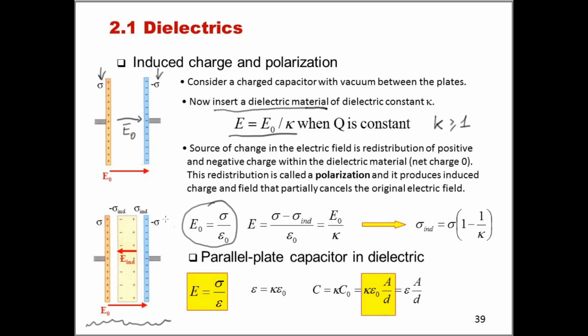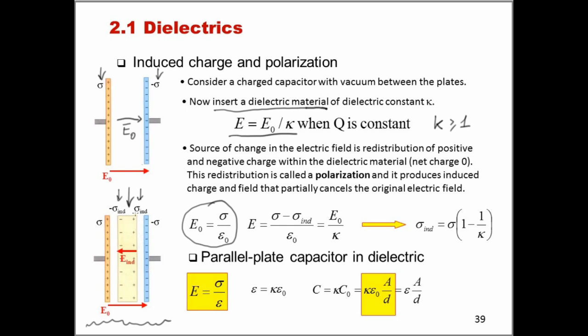But once we insert the material, we have some polarization of the atoms in the dielectric material, so we have a certain induced negative charge and some induced positive charge on the other hand.